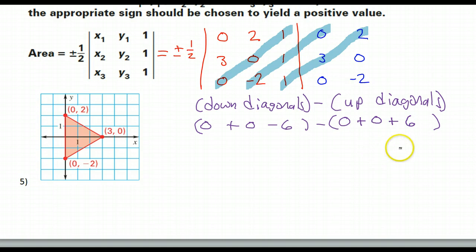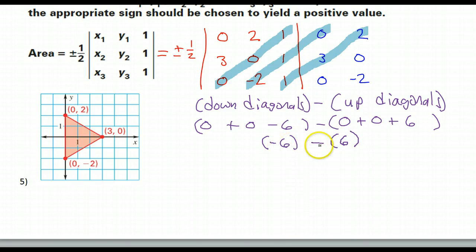So, to sum it all up, the down diagonals boil down to -6. I don't know where that 2 came from. 0 plus 0 plus -6 is just -6. So my down diagonals minus my up diagonals, which are 6.